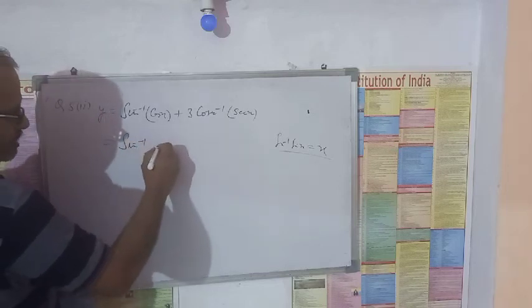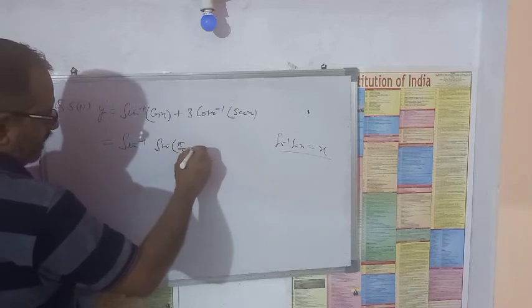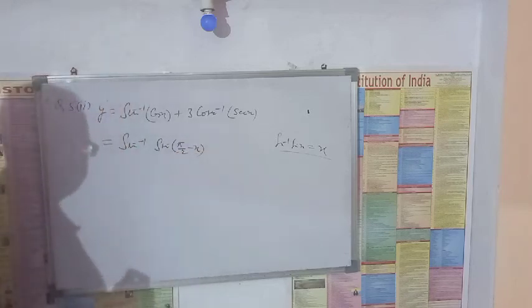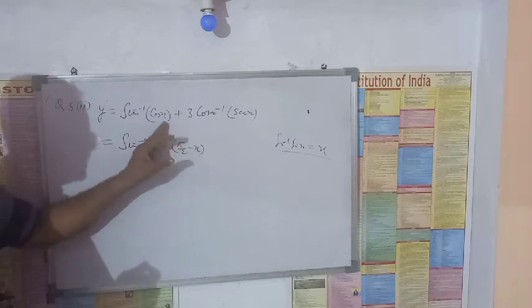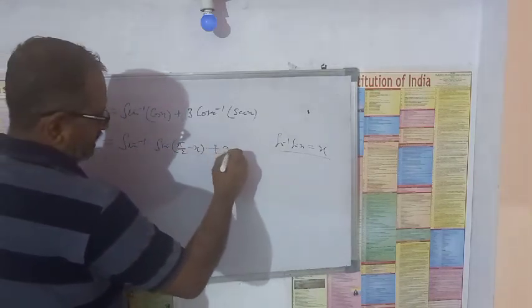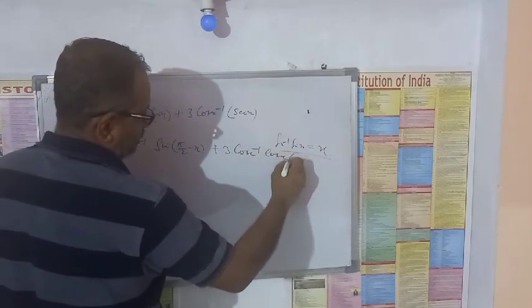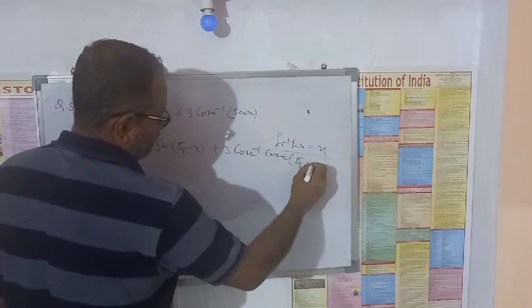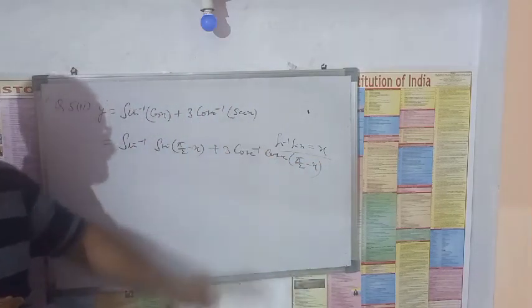Sin inverse, in place of cos we can write sin of pi by 2 minus x. We know that sin 90 minus theta is cos theta. So sin of pi by 2 minus x is cos x. Plus 3 cosec inverse, right here cosec of pi by 2 minus x. Cosec 90 minus x is sec x.